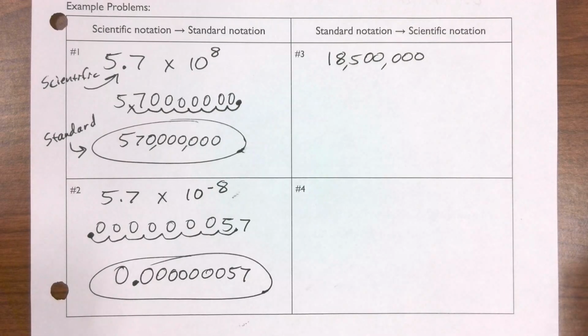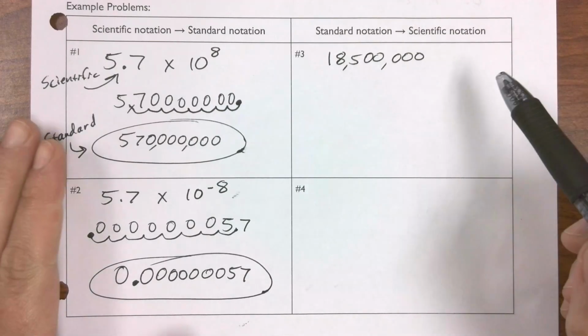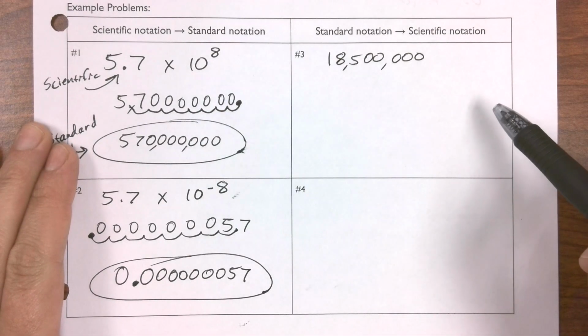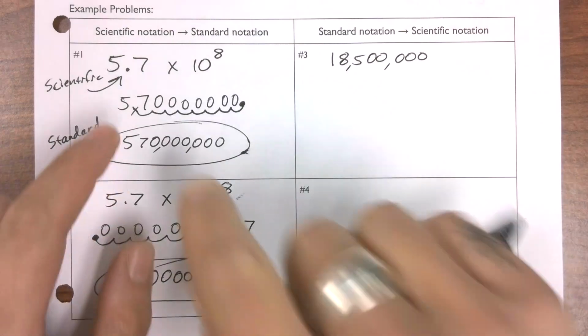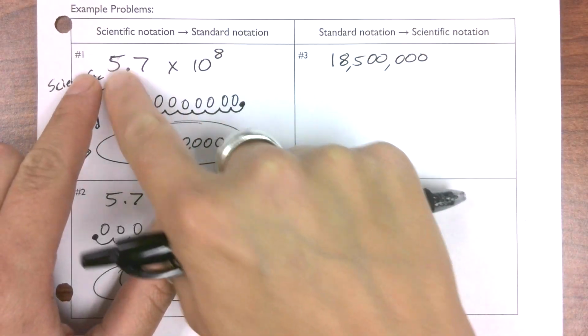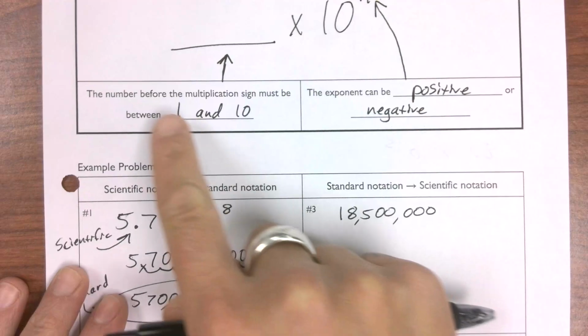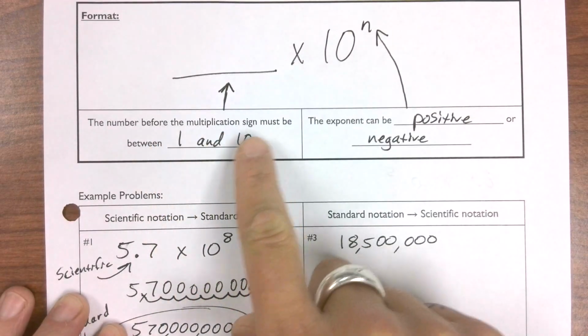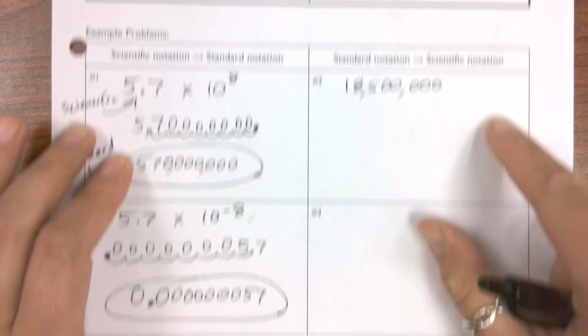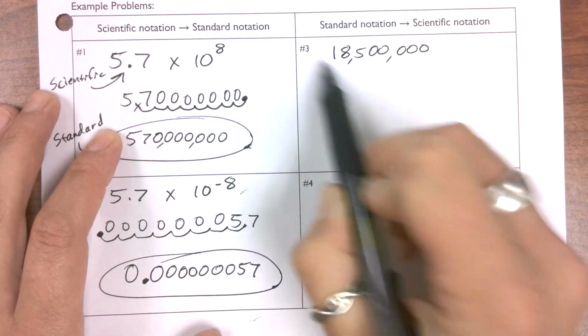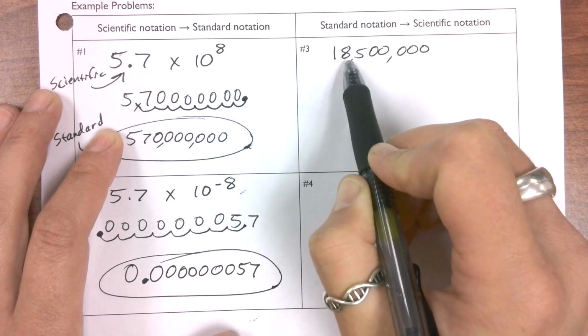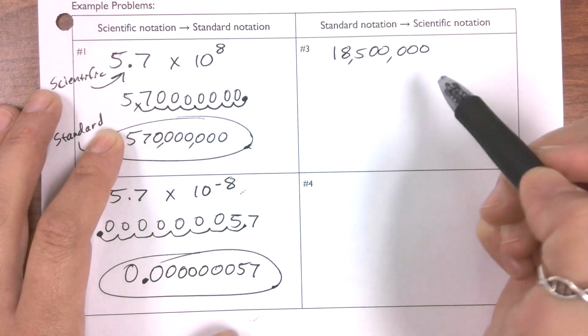So the first thing we need to do is decide where our decimal needs to end up, because remember, the number before the multiplication sign must be between 1 and 10. We wrote it up here. So where can we put the decimal here to make this 185 between 1 and 10?